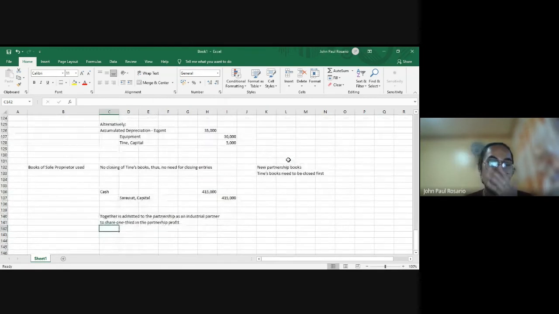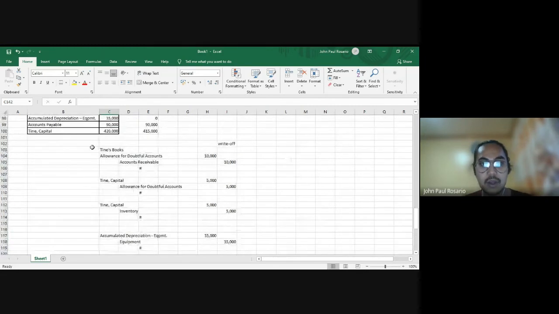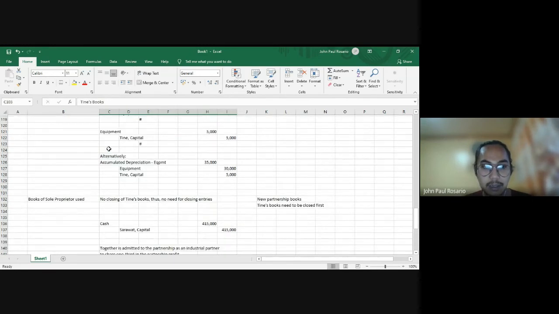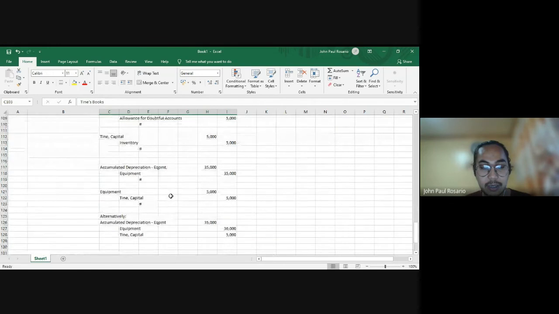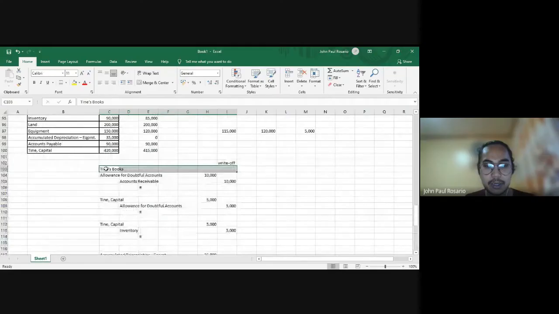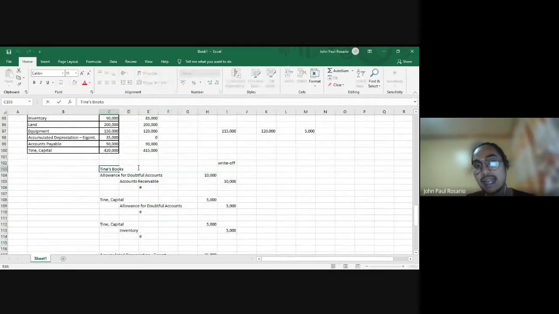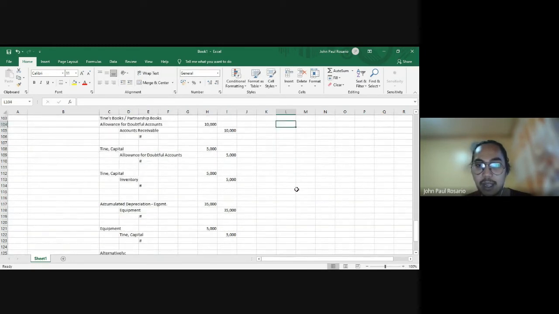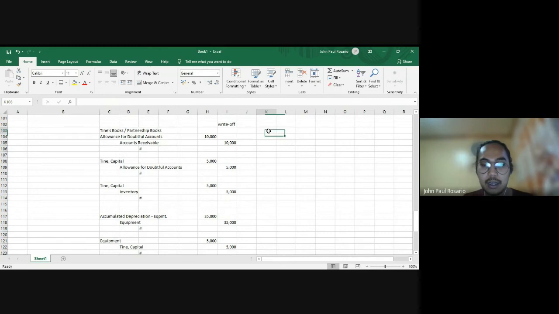But if new partnership books will be opened, we record the same entry in Time's books, but Time's books will be the partnership books, because Time's books can become the partnership books. But if the scenario is where the partnership will open new books.